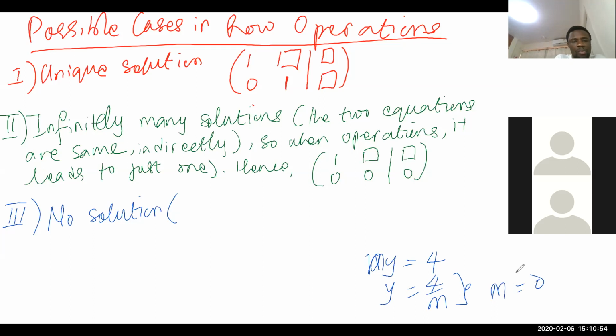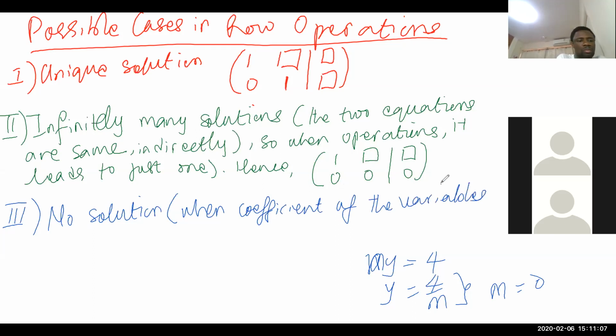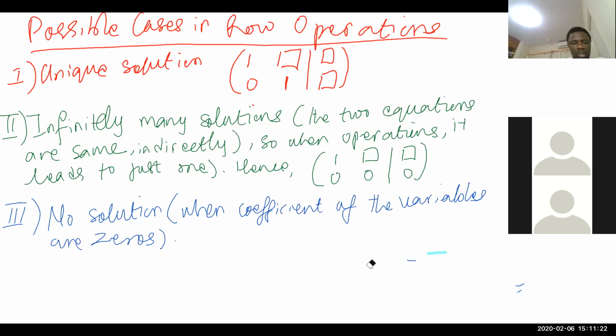So this happens when the coefficients of the variables are zeros. In this case, we have the augmented matrix that looks like this.